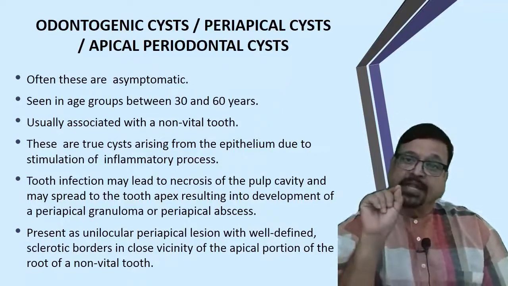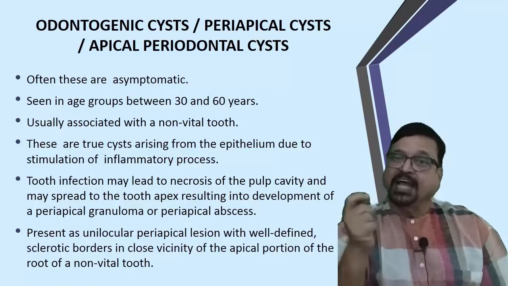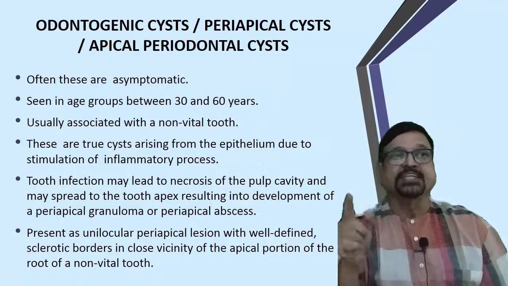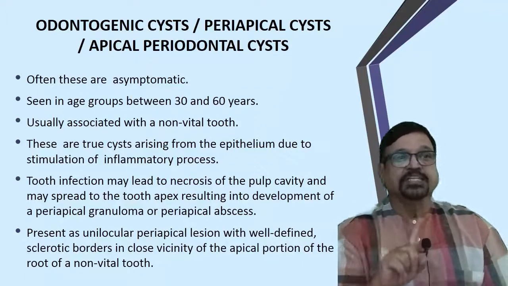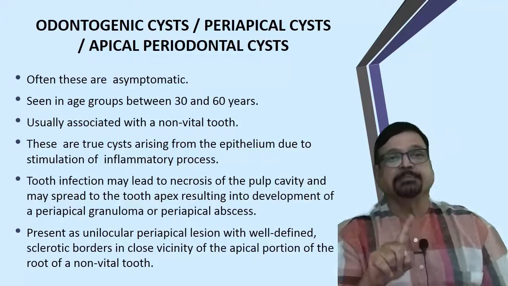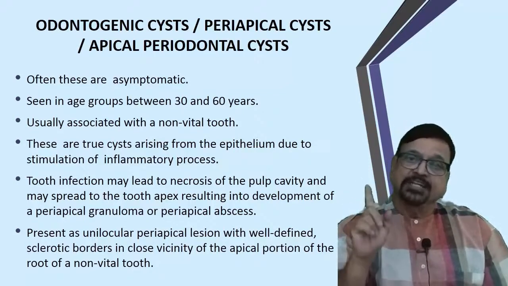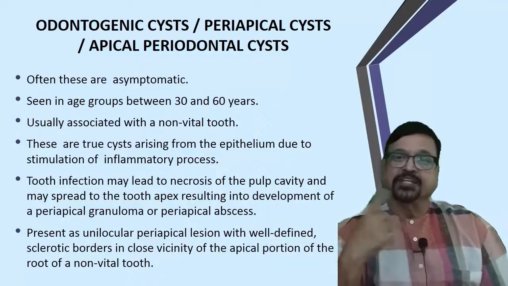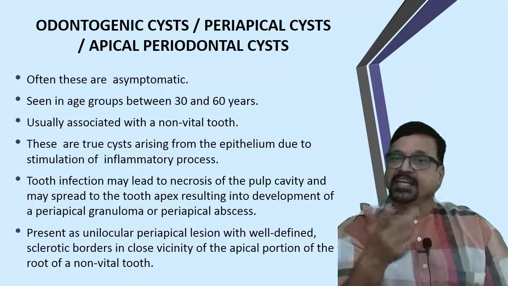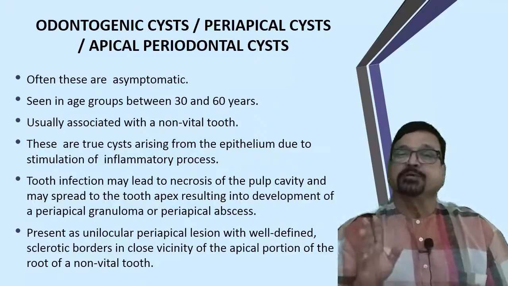So a non-vital tooth is one of the requirement along with the cyst to call it as odontogenic cyst or periapical cyst. Now these are cysts arising from the epithelium due to simultaneous inflammatory process. So repeated inflammatory process produces certain responses. Because of that the cysts are developed. Then tooth infection may lead to necrosis of the pulp. Now how it starts?